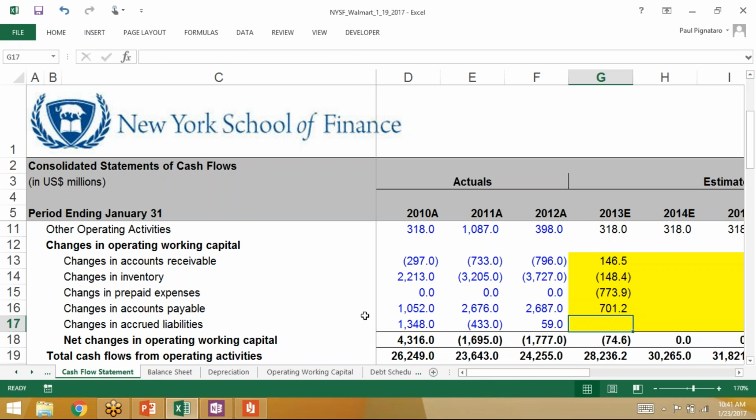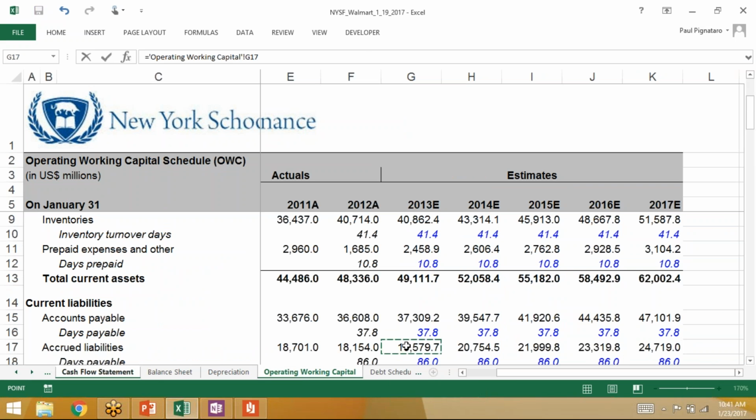Okay? Same thing with changes in accrued liabilities. It's the change this year minus last year.